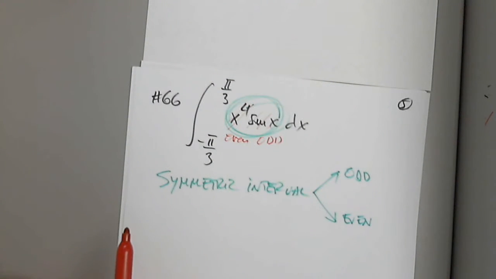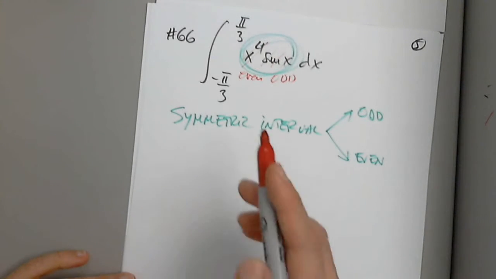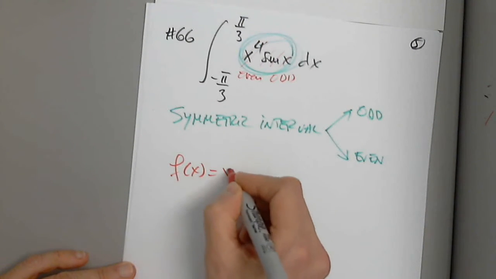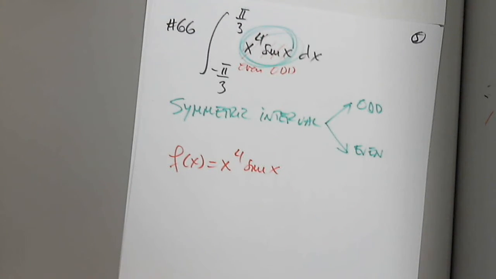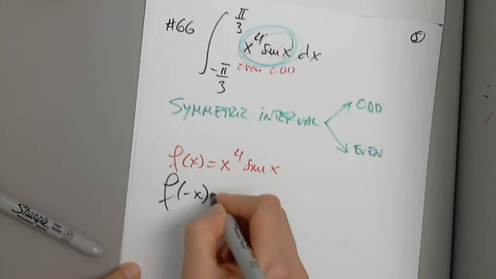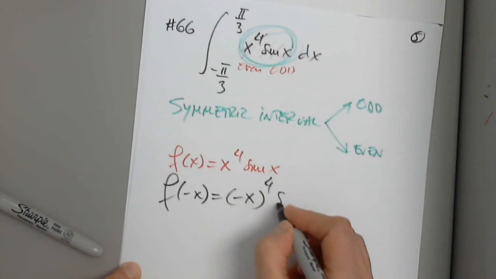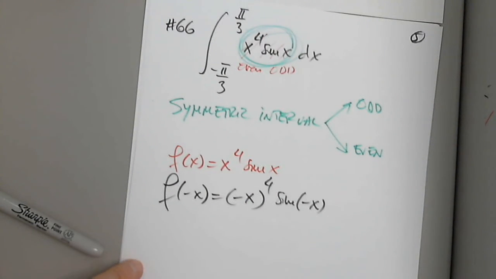Wait, why is it odd? Okay. So we are talking about a function that is x to the fourth times sine x. In order to determine whether the function is odd or even, what do we need to find? F of negative x. Excellent. Negative x to the fourth, sine negative x.